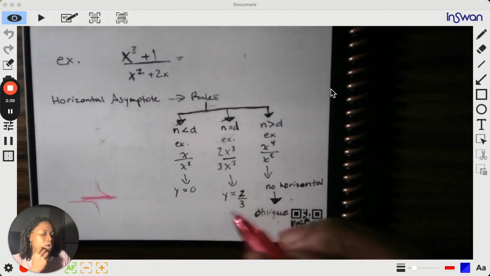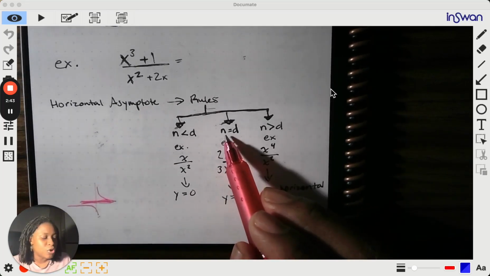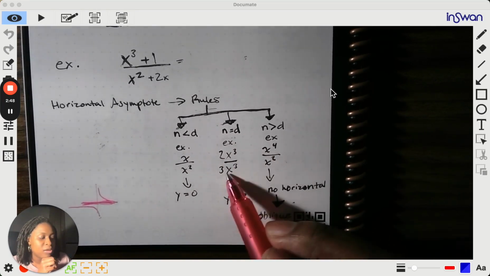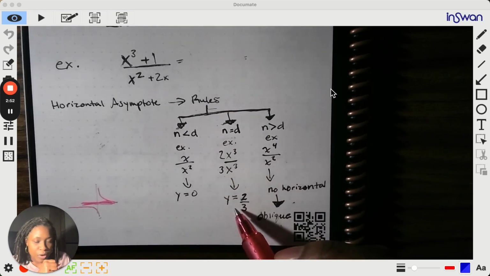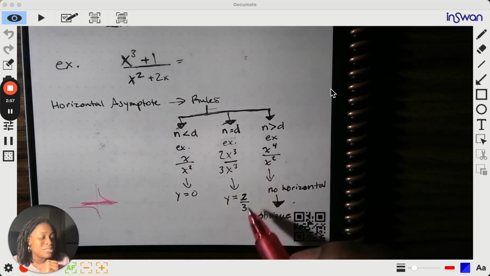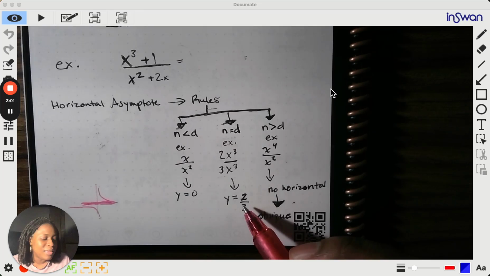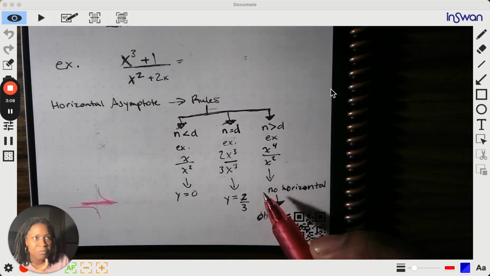So when we're looking at the next one, when the exponent on the leading term in the numerator is equal to the exponent on the leading term in the denominator, your horizontal asymptote is going to be equal to the ratio of these two leading coefficients, creating not a slope, but the point where y is equal to where you'll place your line. So example, this will be 2/3, which is 0.66.